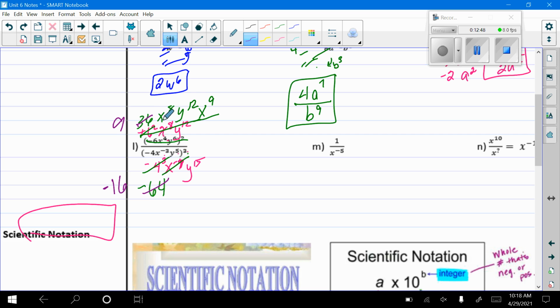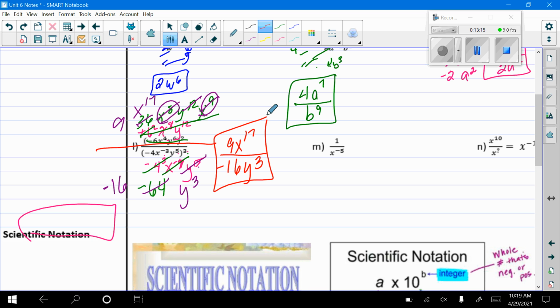My x's, I end up with 8 and 9 of them, so it's 17 of them. And my y's, I've got more y's on the bottom by 3, so y cubed. So if I take care of my answer here, nice and tidy, I've got on top 9x to the 17th over -16 y to the 3rd.